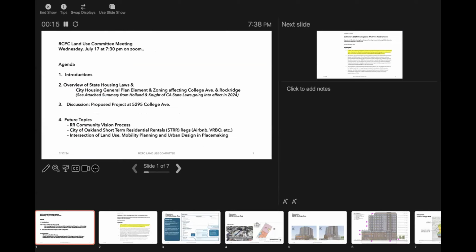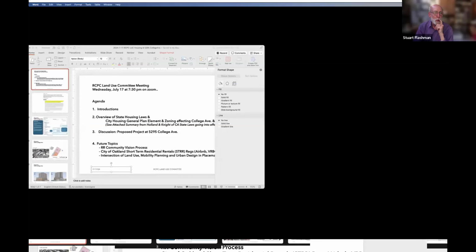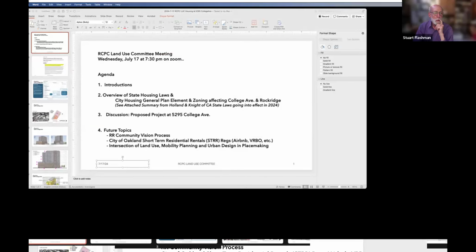I'm going to escape. It says use slideshow. It was at the top of the screen you were displaying, but now it's changed because you're back under the editing screen.